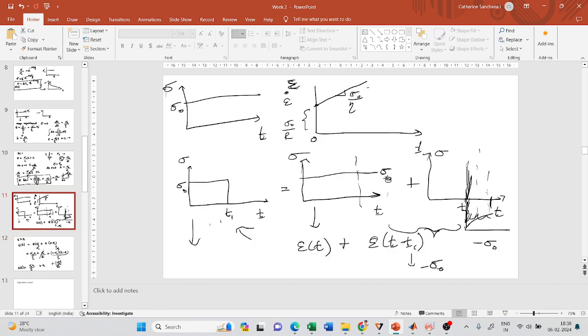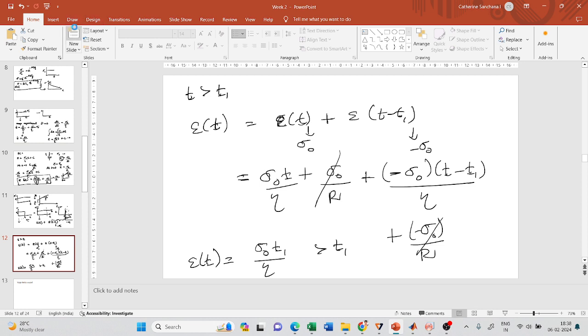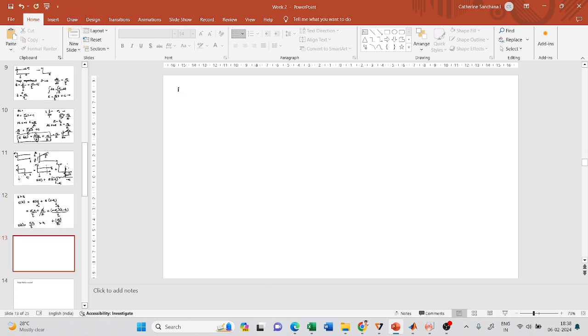Now, if I plot the strain for this input of stress, till time t1 it is going to be like this. Now, for time little greater than t1, let us take it as t1 plus.